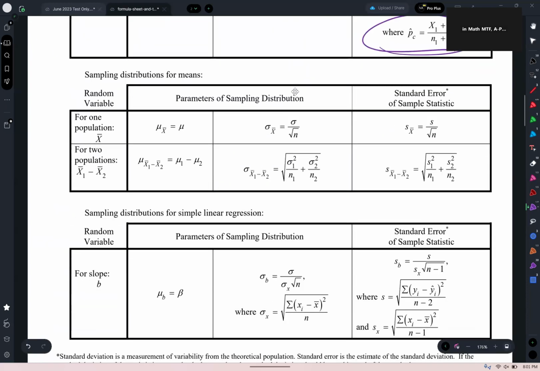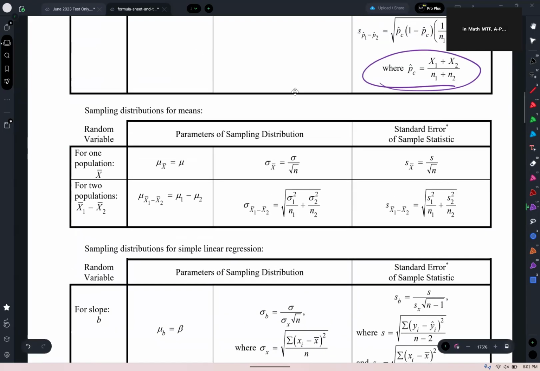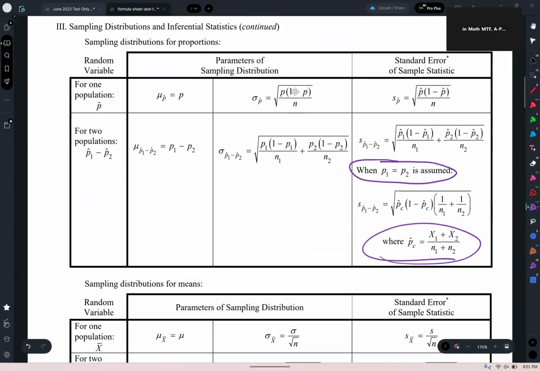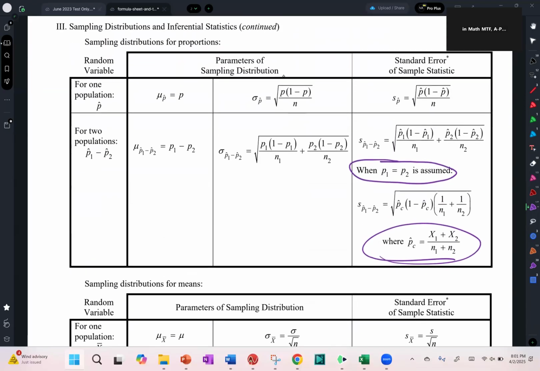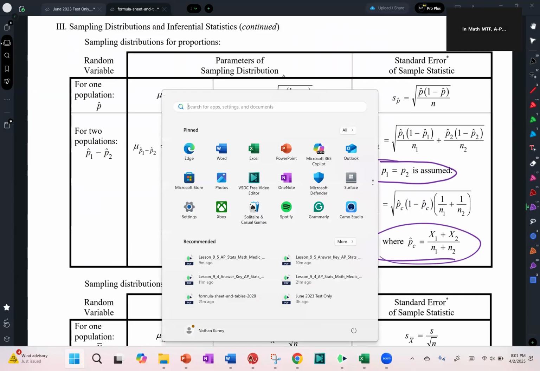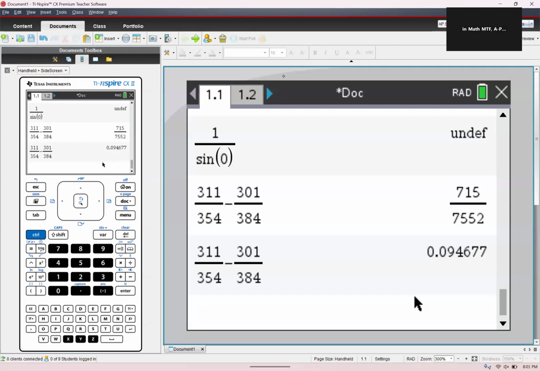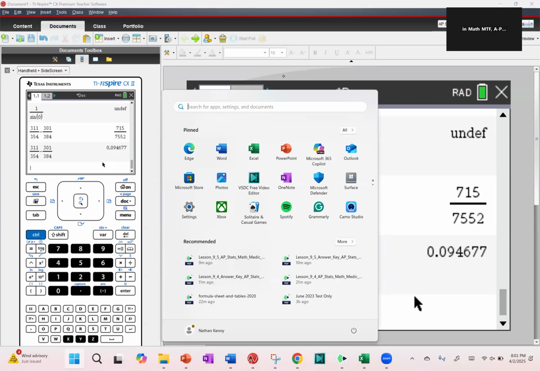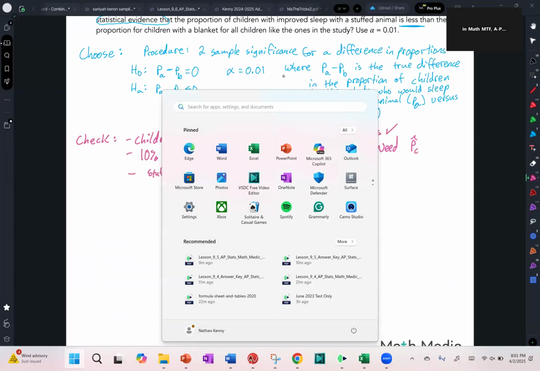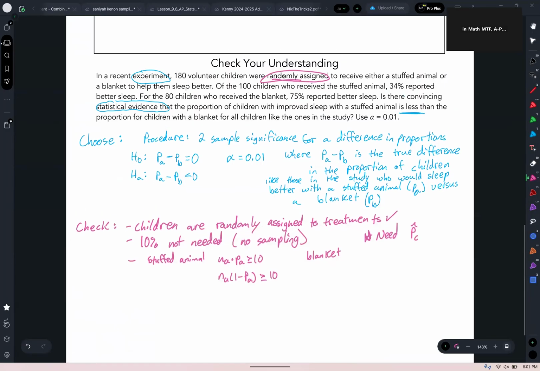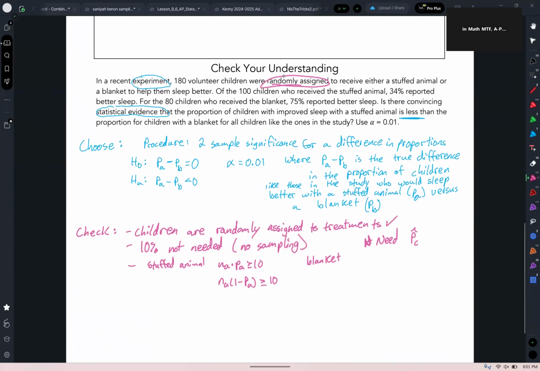But if you remember, I mentioned earlier that this is where I actually like to use the test on the calculator first. Ooh, I just realized it might get a little dicey. Hold on one second. Let me check something. Oh no, we should be fine.